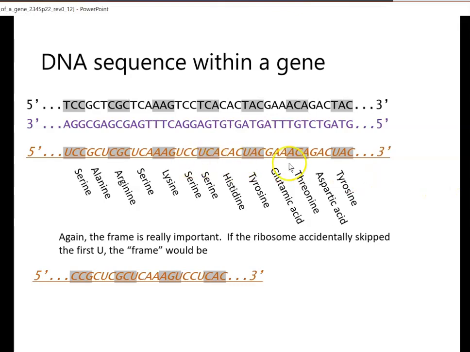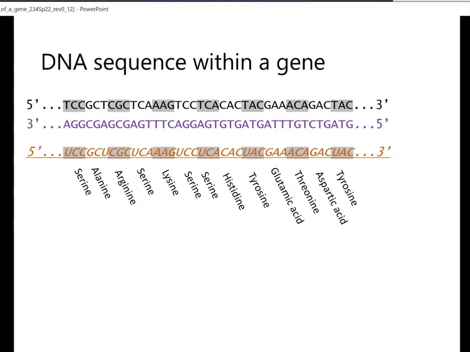Something I want to show you here is why the start codon is so important. The start codon defines the frame. It says, well, this GCU, that's a codon, and this CGC is a codon. This UCC is a codon.